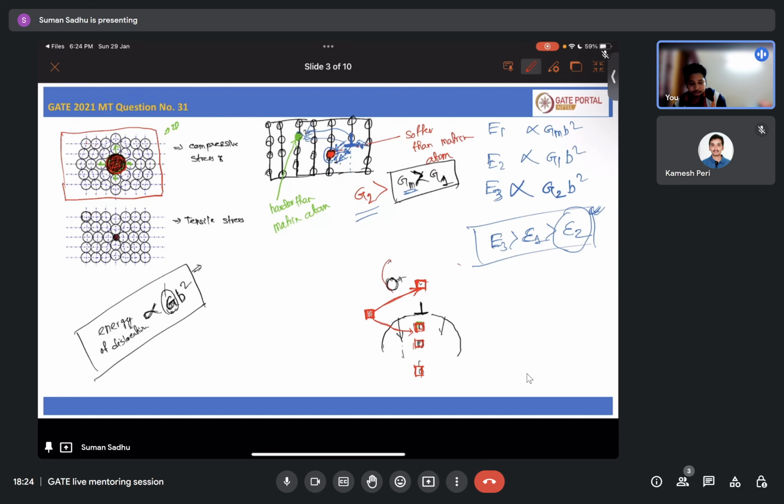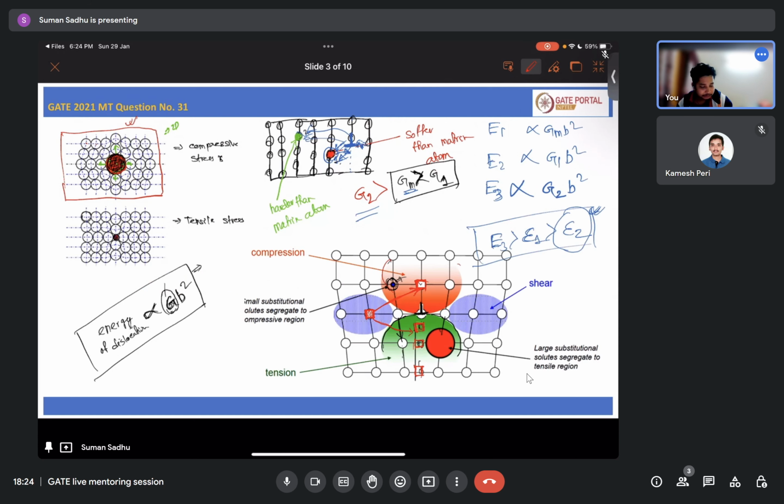The oversized solute atom creates a compressive stress in the matrix, and in the case of dislocations, the bottom half plane creates a tensile region and the top half plane creates a compression region.